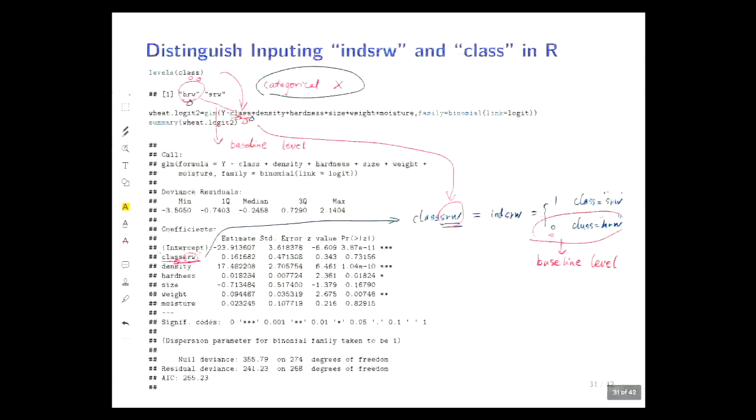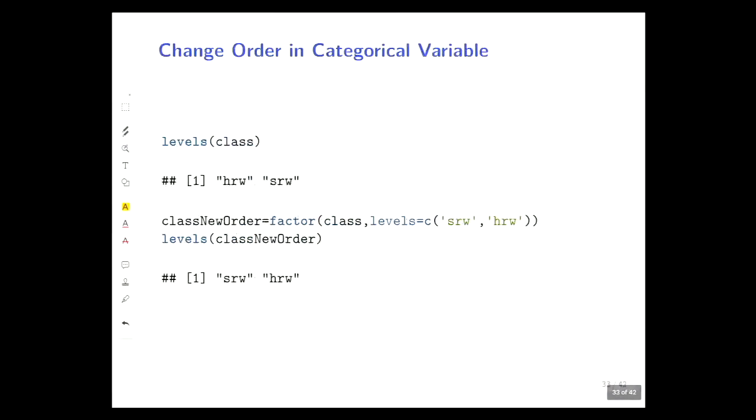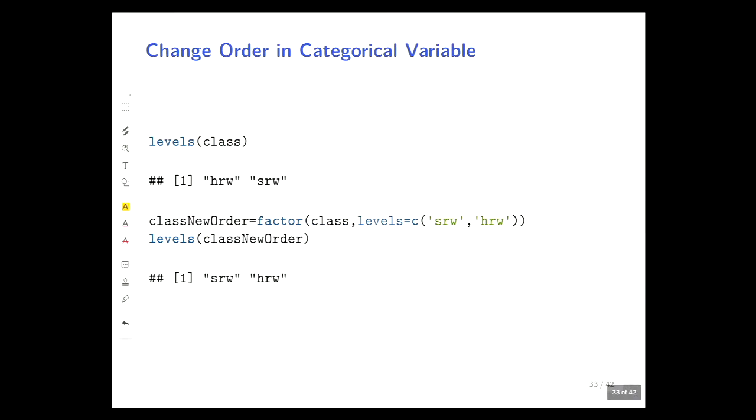If you still remember, the first element here is treated as the baseline level automatically in R. So what we need to do is change this order so that we have a different baseline level. If you look at the levels of class, you have this order, HRW and SRW.